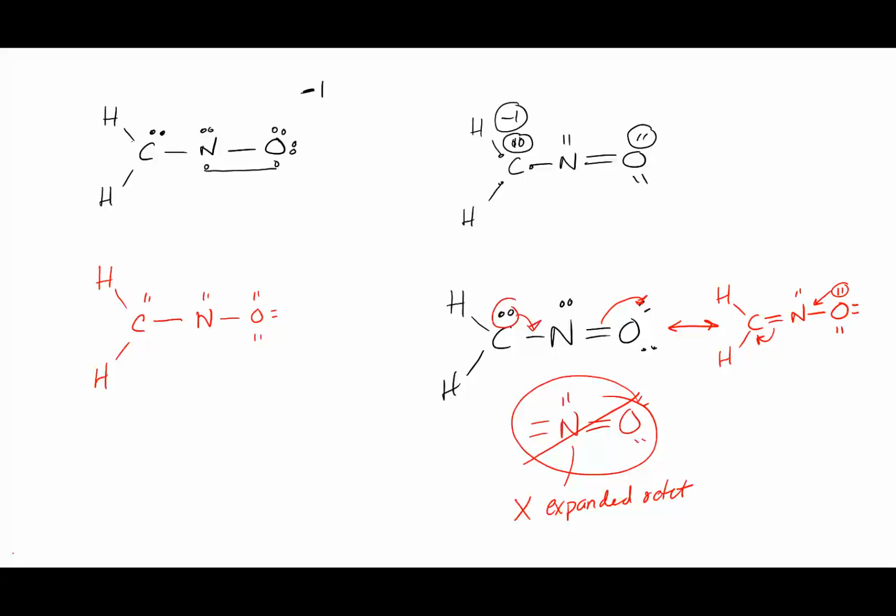But we could keep it in there if you wanted to. So if we're going to do that, then we need formal charges. Okay. So we all agreed that these 2, A and B here, are the legitimate resonance structures with completed octets.